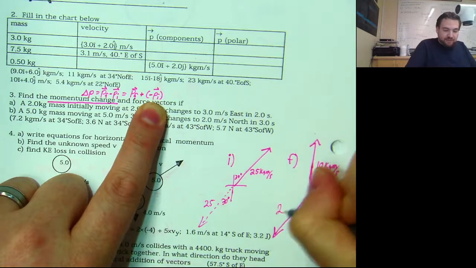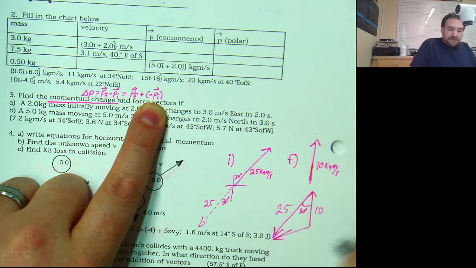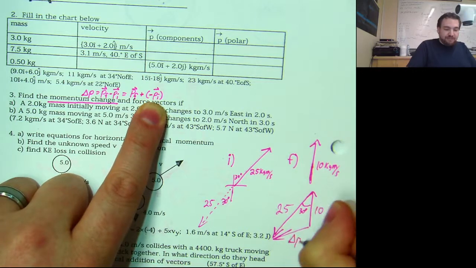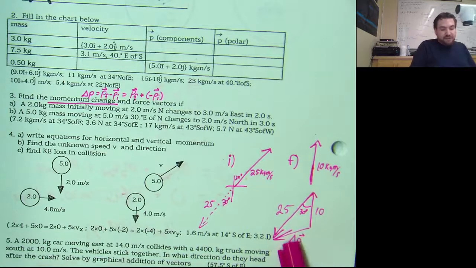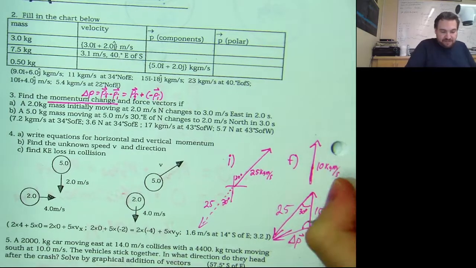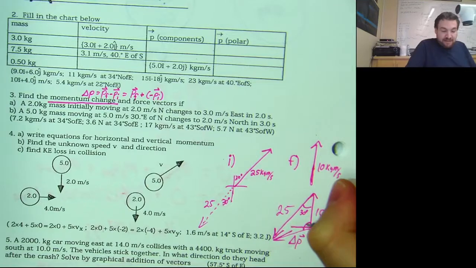That's 10, that's 25. This right here, from the tail of the first to the tip of the second, is going to become your delta P. And then you use cos law to find that, use sine law to find that. 90 minus the whole chunk minus 90 gives you that little chunk right there.